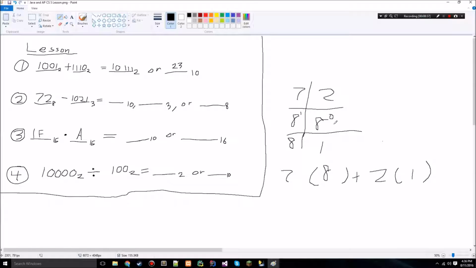We multiply then add, so 56 plus 2 equals 58 base 10. So 72 base 8 is 58 base 10.